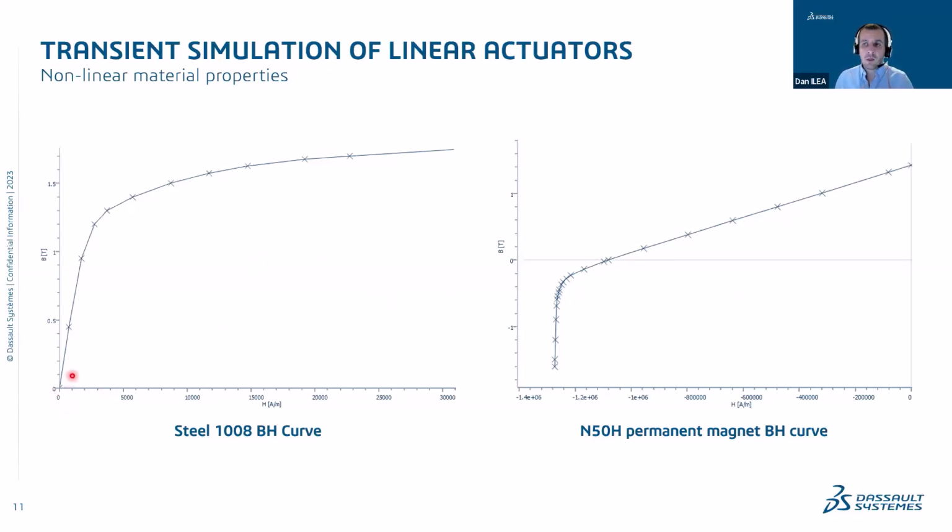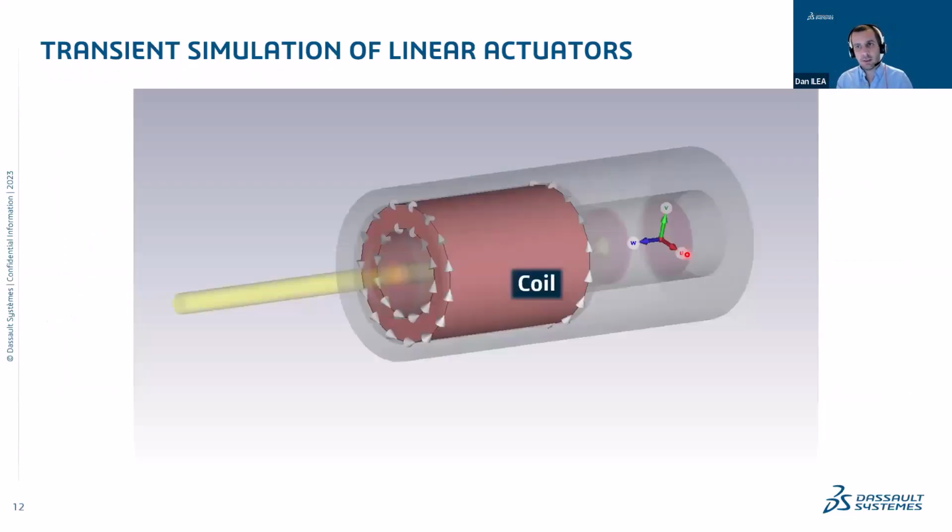We are running a nonlinear simulation, and saturation is usually quite significant with this type of device, so it's important to have a BH curve for our steel. We're also using a nonlinear characteristic for our magnet, and you can see on the right-hand side the BH characteristic for the N50H permanent magnets that we use. So these are the main components in terms of the steel and the permanent magnets.